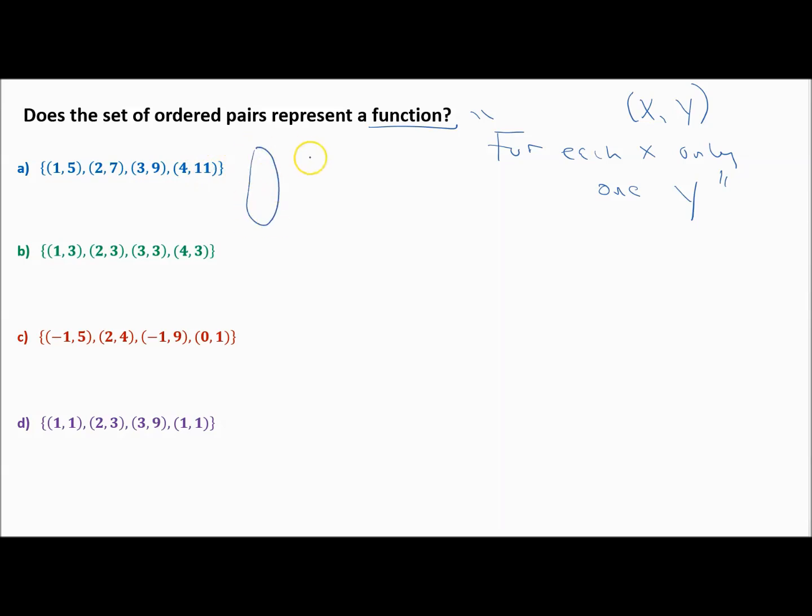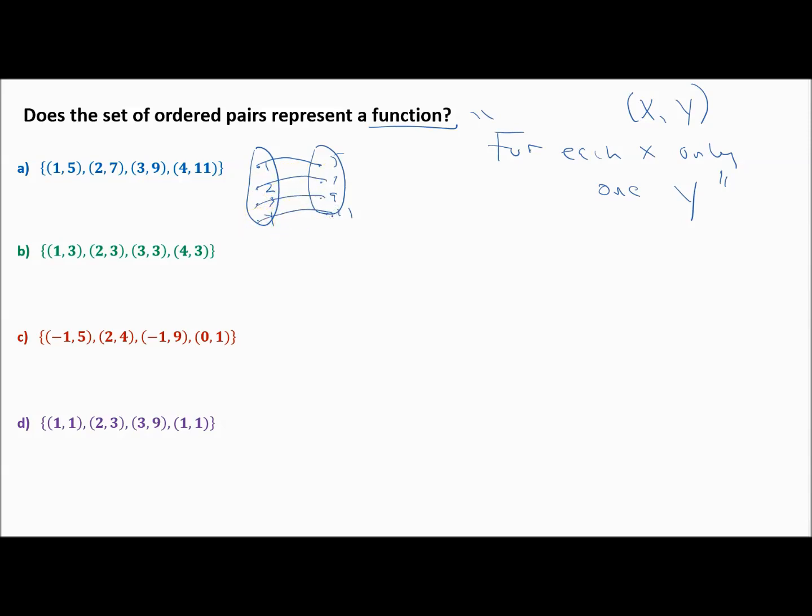If I turn that into the list we had before, this would be 1, 2, 3, 4. That's your input or your domain. Your Y values are 5, 7, 9, and 11. That's the way that works. And 1 maps to 5, 2 maps to 7, 3 maps to 9, and 4 maps to 11.